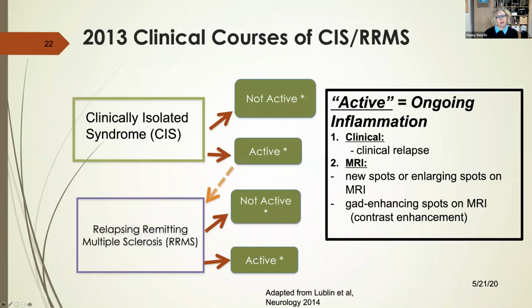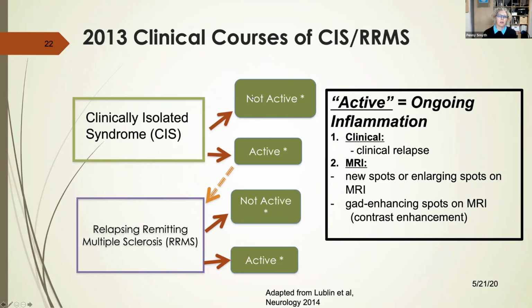Now, Lublin brought up a new way of looking at clinical courses of what we call CIS, or relapsing remitting MS. And this looks at how we monitor people over time. So people can be diagnosed with that clinically isolated syndrome, that first attack of MS. And then they can remain that way for years and years. And we follow them. They don't have changes on MRI.